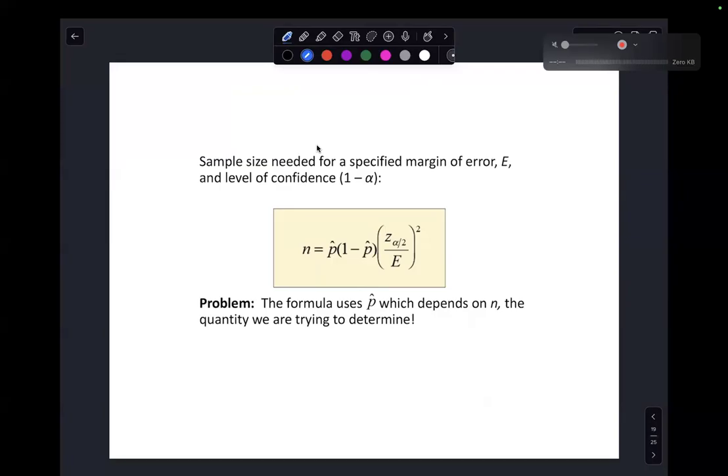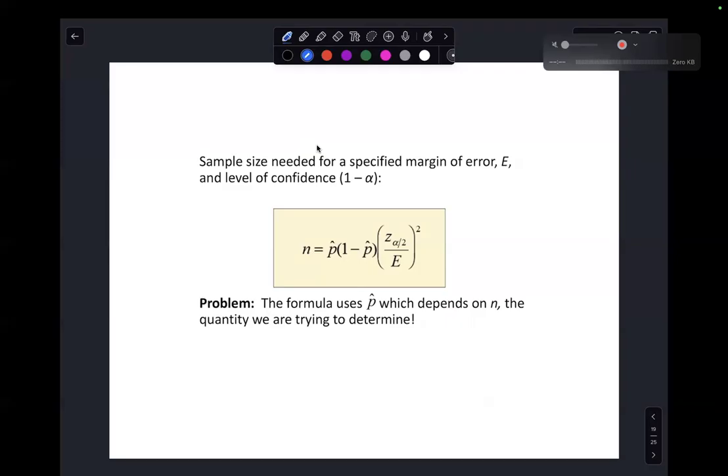So using this formula, it's pretty easy to figure out a good sample size to use. I want a margin of error of 2%. Use this formula to determine what sample size I need to get a 2% margin of error. The problem with this formula, though, is it uses p hat.